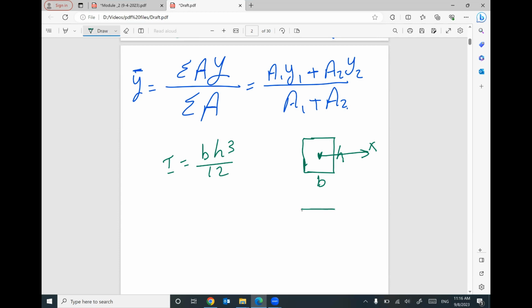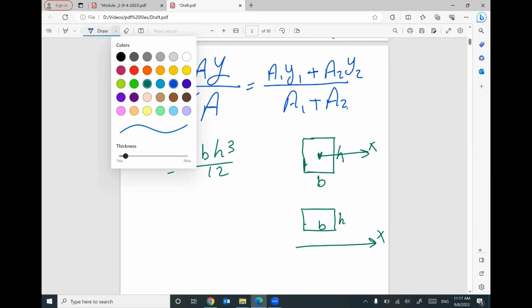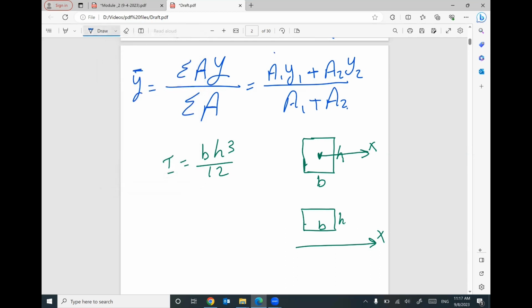But if you have a rectangle with B and H, and your x-axis is not passing through the centroid of this rectangle, that means your I will be BH cube divide 12 plus something: area times distance squared. And the distance is the distance between the centroid of this part and your actual x-axis. And the area is the area of this part. Keep in your mind these two situations.